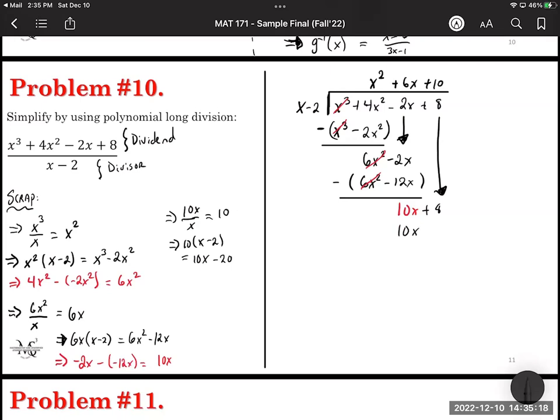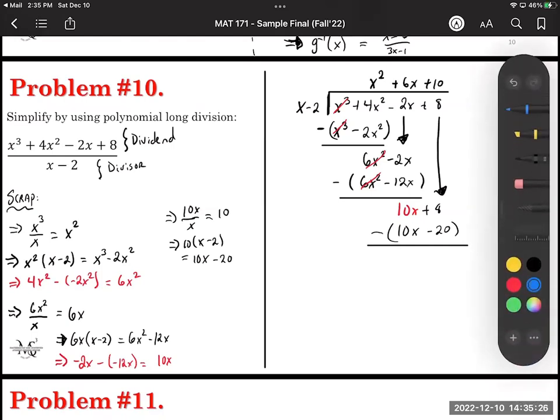So we get 10x minus 20. And we work this out. What's 10x minus 10x? It cancels.